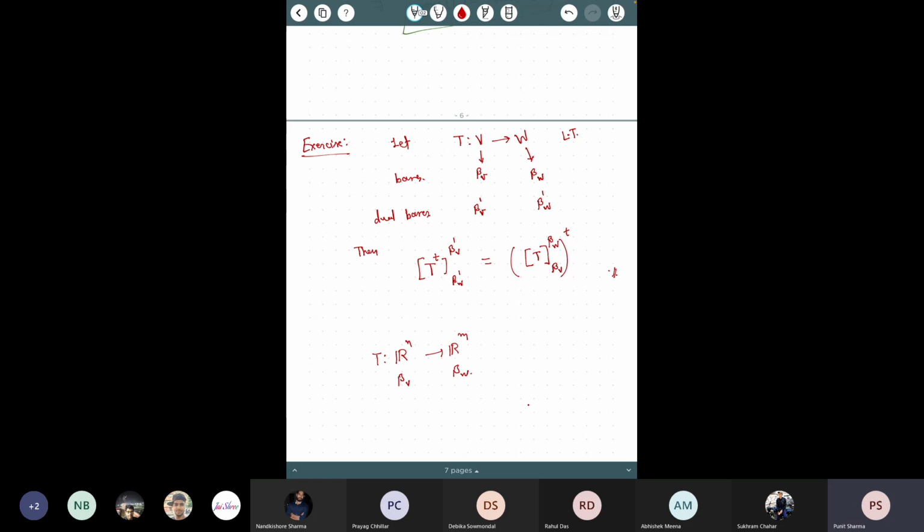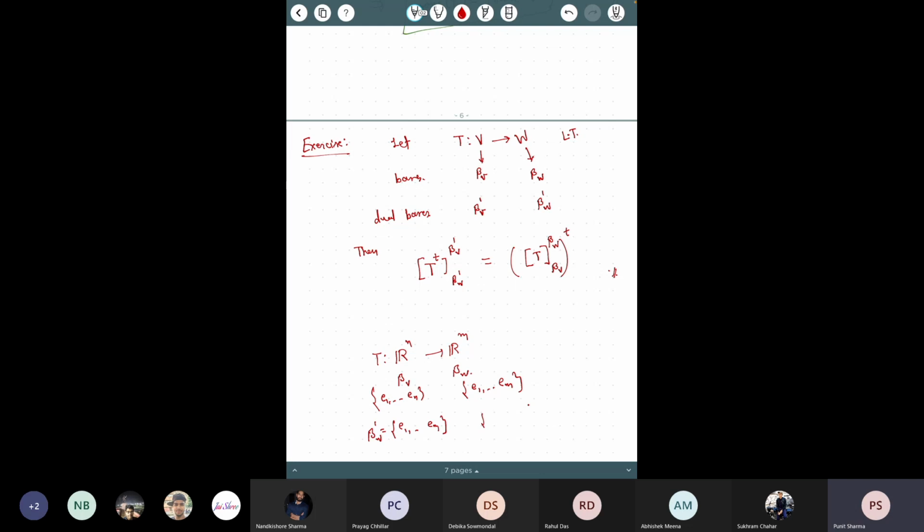You can verify that if E1 to En is the standard basis for Rn, then the dual basis of BW is actually the same as E1 to En.